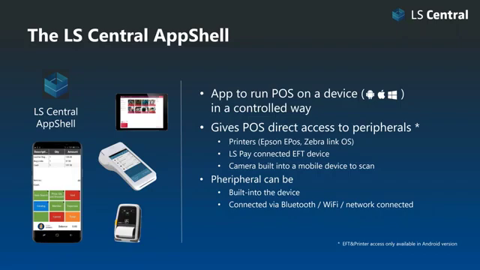On this slide, we can see the white one, the PAX A920, and that is a very good example of such a device that has a slot to insert the card for payment purposes and also a printer. Devices like these can be ideal in some scenarios. And with the Android version of the LS Central App Shell, the web POS run in a browser can access this and use it directly.